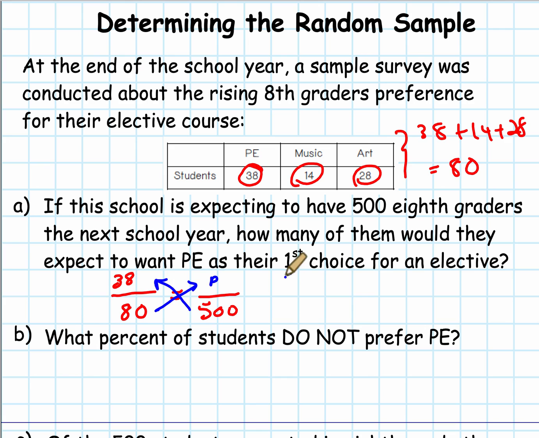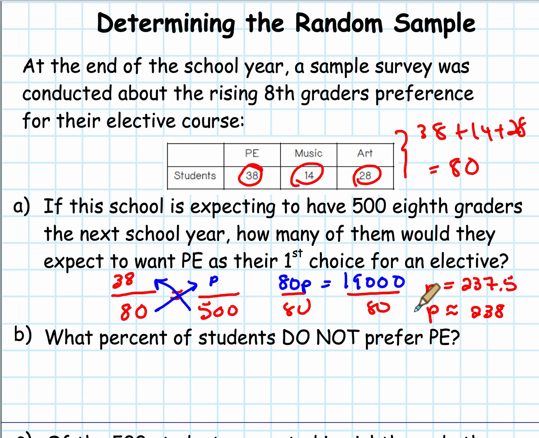So we have 80 times P and 500 times 38, which gives me 19,000. Now I divide both sides by 80, and I get 237.5. These are people, so I would expect that about 238 8th graders prefer PE as their first choice.